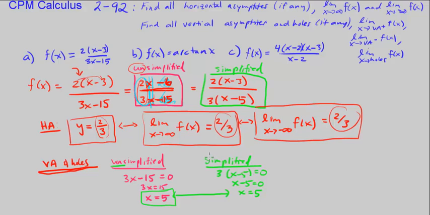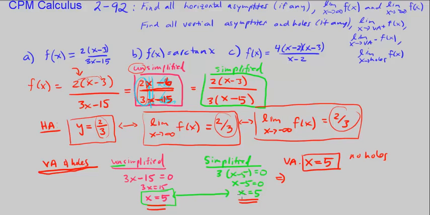The simplified version goes ahead and removes any places where our function is undefined and just has a hole. But nothing was removed, so we have a vertical asymptote at x equals 5. And we don't have any holes, right? Because our simplified version and our unsimplified version produce the same regions where our function is undefined.